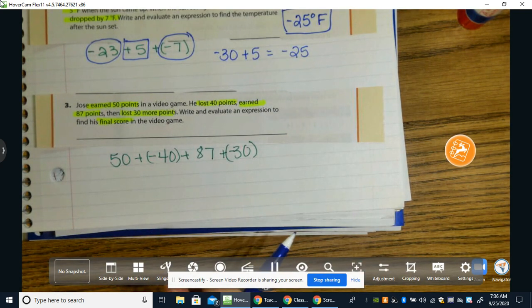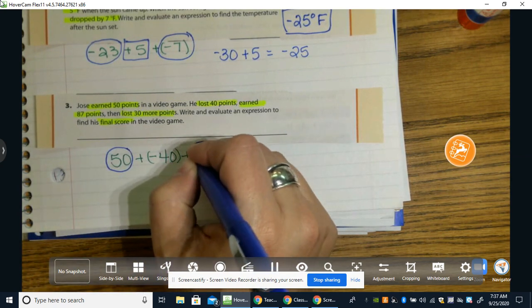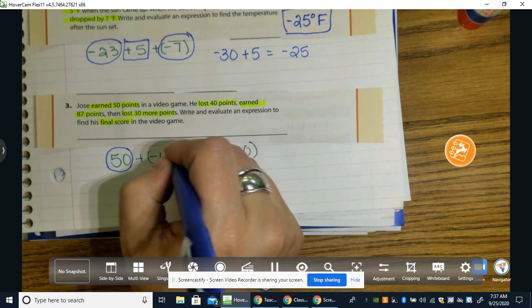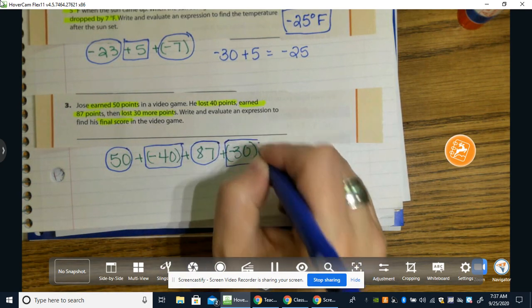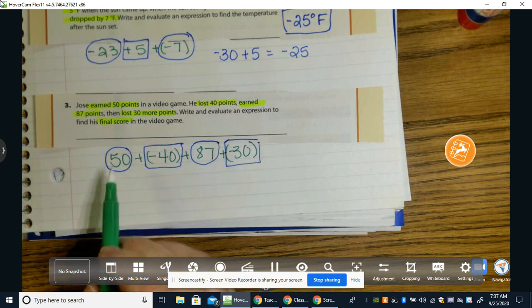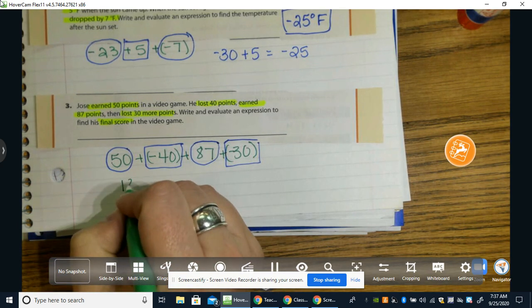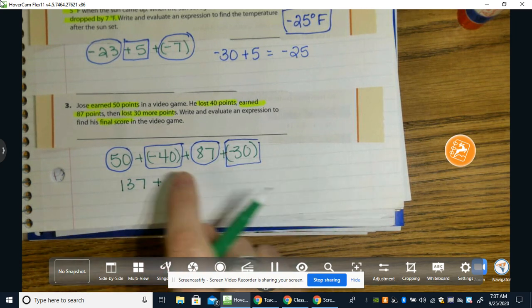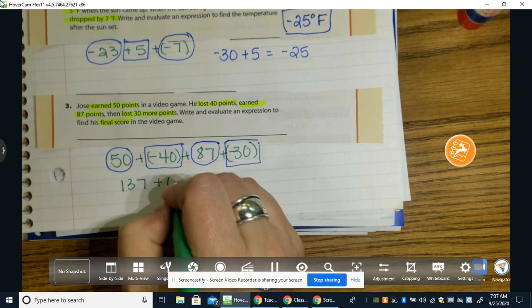So now I'm going to combine my like terms. So I have a positive. This is what he earned, and he earned 87. He lost 40, and he lost 30. So if I look at what he earned, 50 plus 87 is 137. Then 40 plus 30 is 70. They're both negative, so that would be a negative 70.